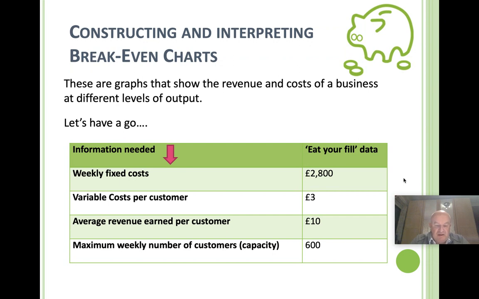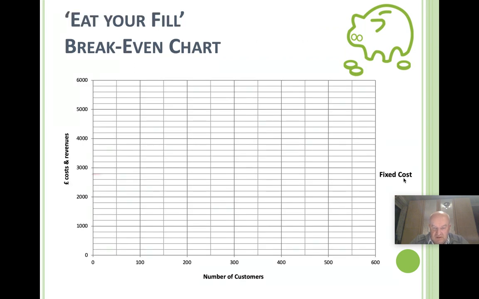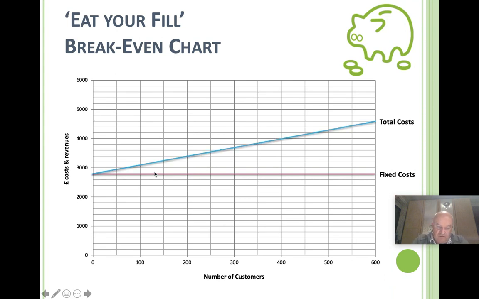We need to allow for that to calculate our total cost. So we start that total cost line from where the fixed cost line has been drawn in, because clearly to calculate our total costs, we need to know both our variable cost and our fixed costs.